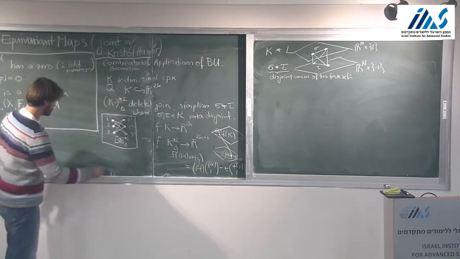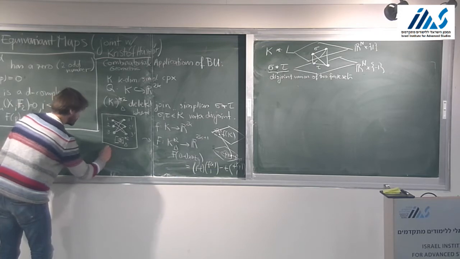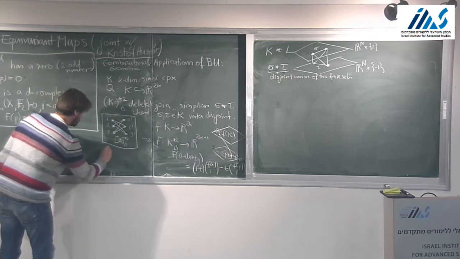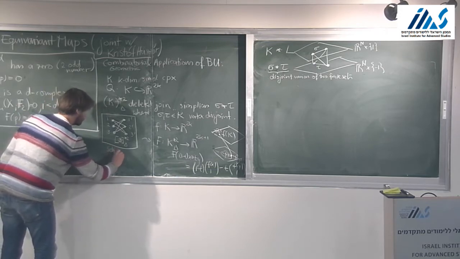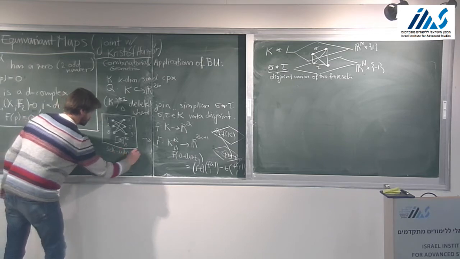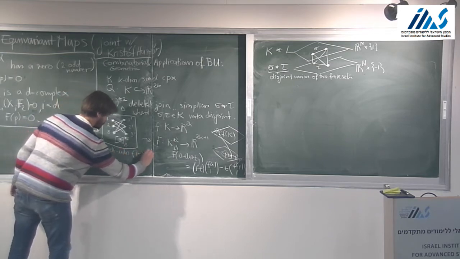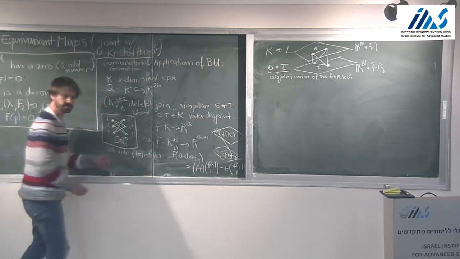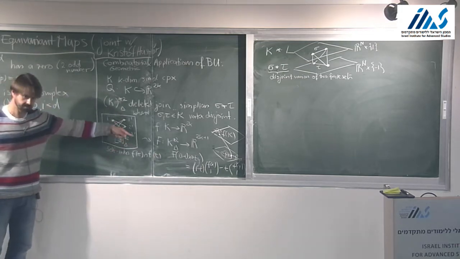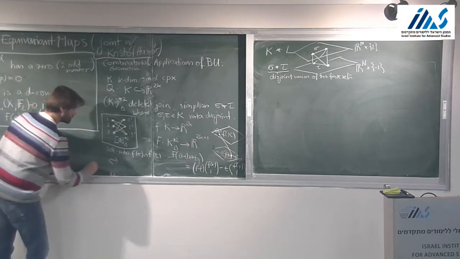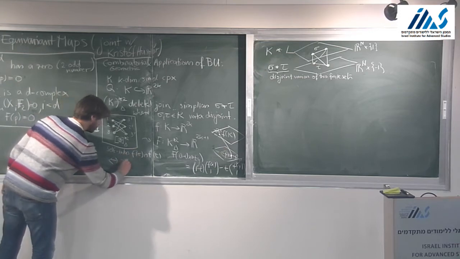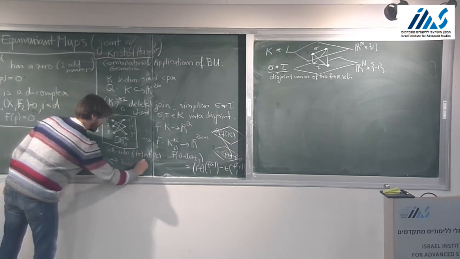And the observation is simply that the zeros, or let's say self-intersections of f, or between two disjoint simplices, images of disjoint simplices, correspond exactly to the zeros of f.